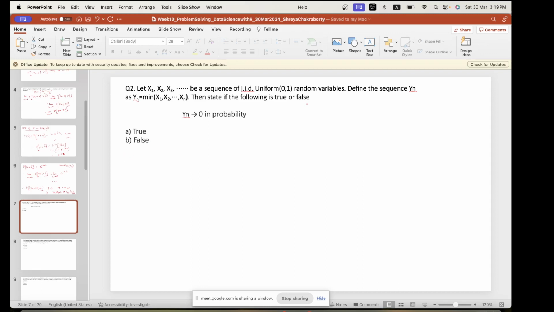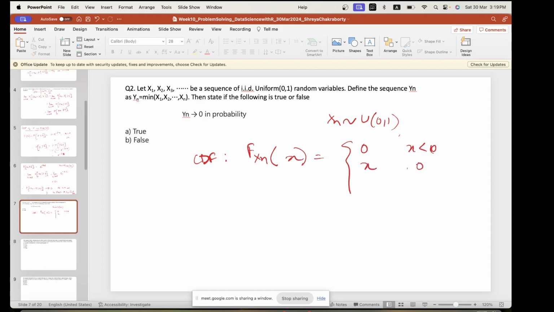So Xn follows uniform (0, 1). So F_Xn(x), that is the CDF, can be written as 0 if x is less than 0, x if 0 is less than or equal to x is less than or equal to 1, and 1 if x is greater than 1.